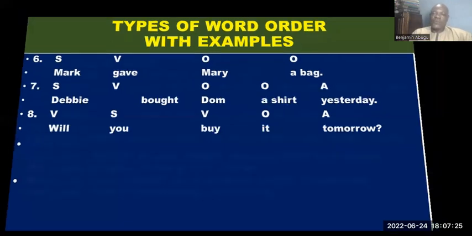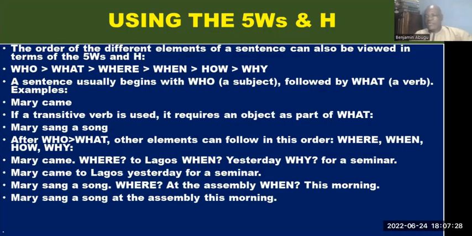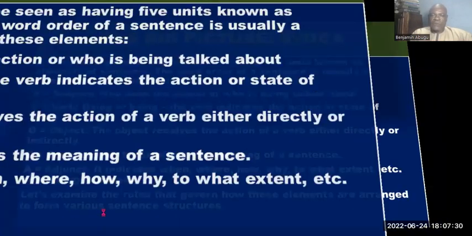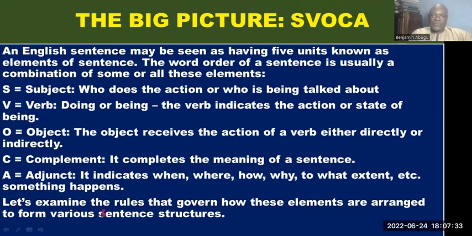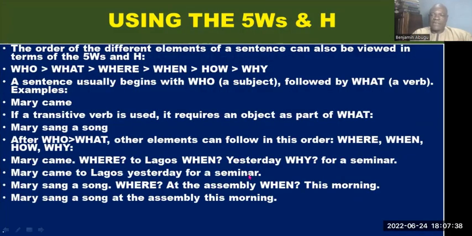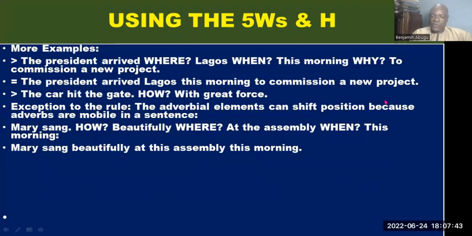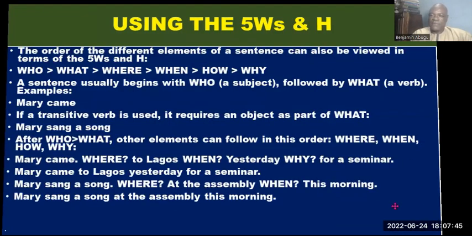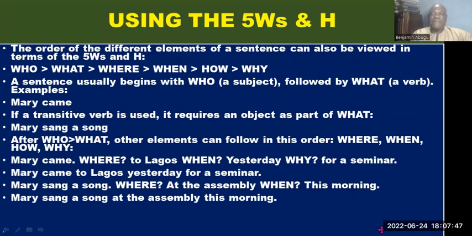All right, so this is where I want us now to look at this whole thing from a different perspective. And here we want to look at it from the perspective of the 5 W's and H. The 5 W's and H are who, what, where, when, how, and why.